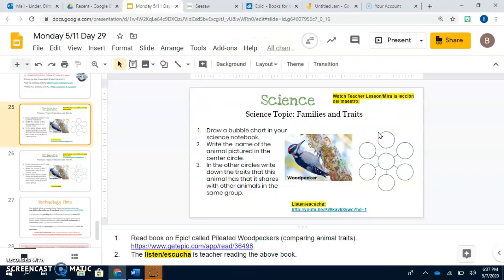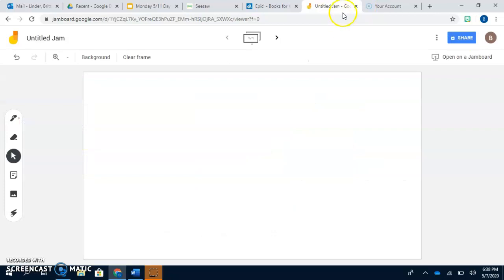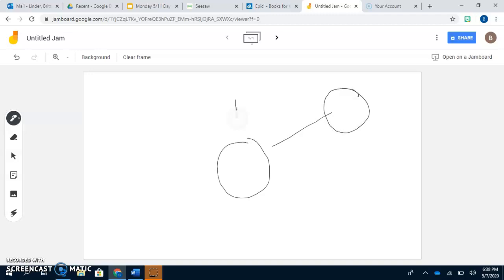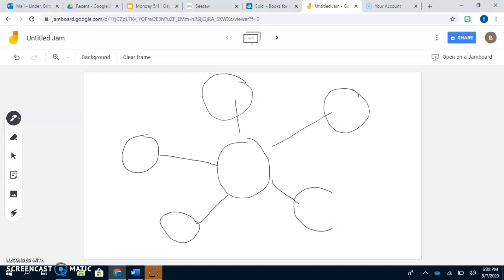I'll show you also exactly what you're going to do. So I'm going to make my chart, draw a circle out. It's not going to be the greatest drawing, but you'll get the idea of it. All right. Fix some of my lines a little bit.